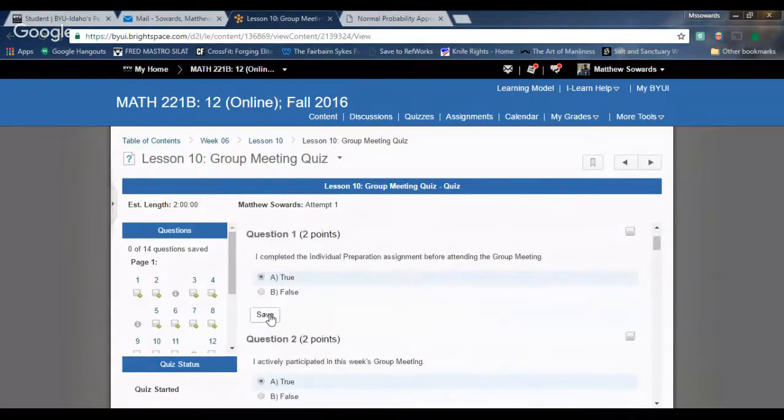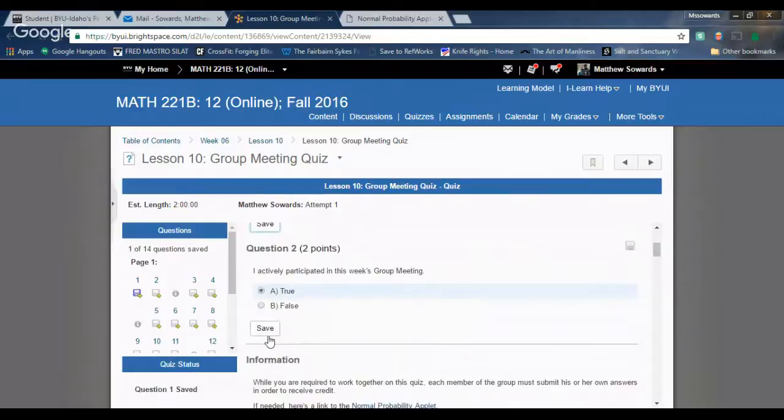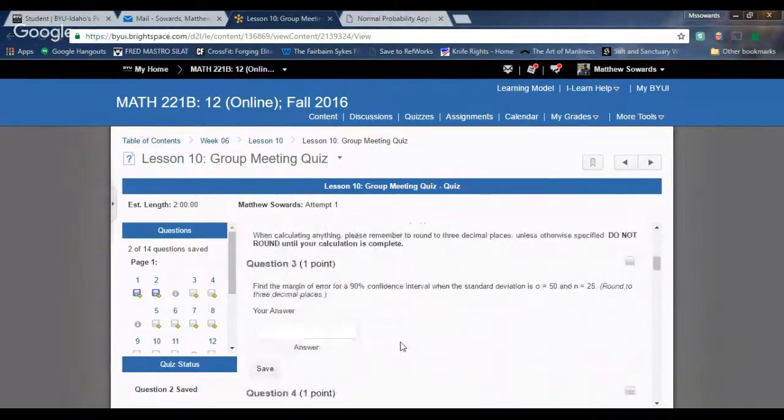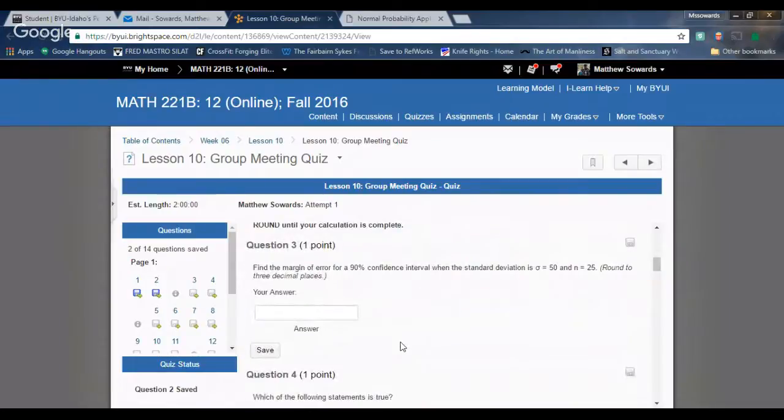Okay. So let me know when you're finished with question 1 and 2, and we can just... I'm good. Yeah, we can go now. Okay. So we need to find the margin of error for a 90% confidence interval when the standard deviation is 50 and the sample size was 25. Okay.